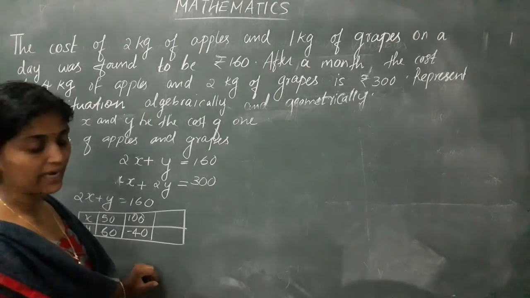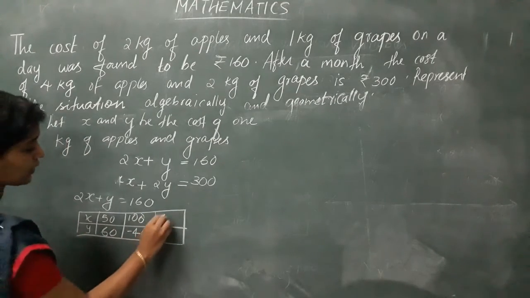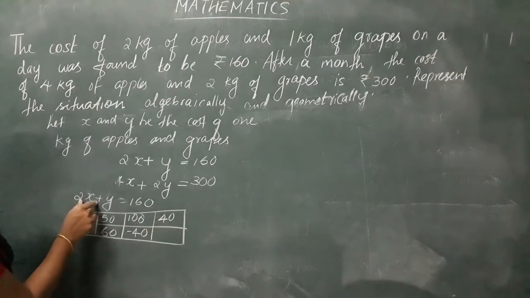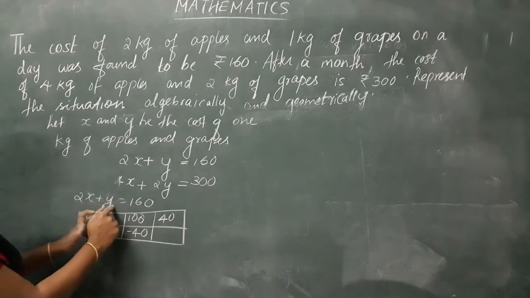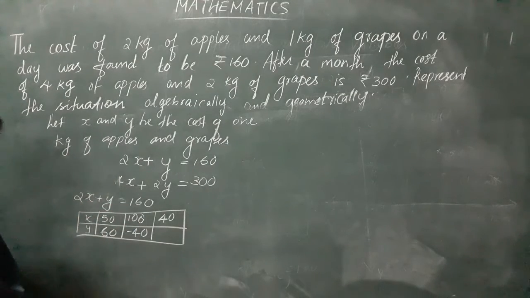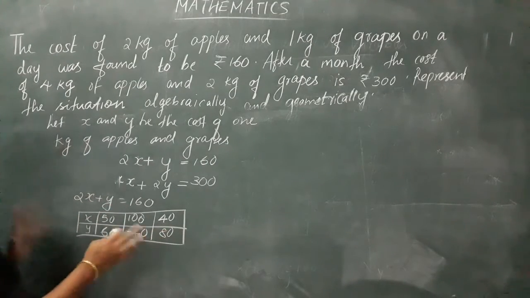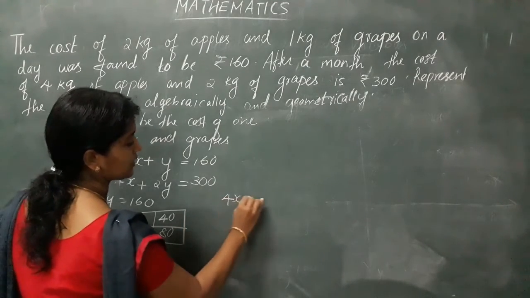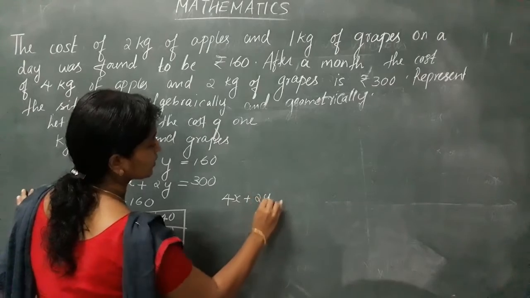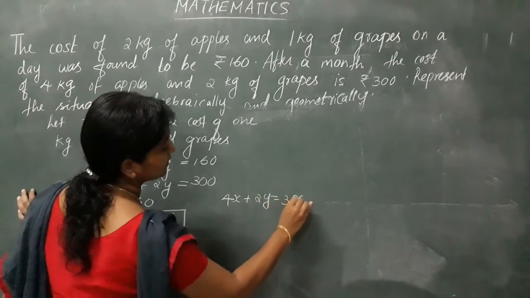Next I will give the x value as 40. Now 40 means 80, then 160 minus 80, I will get 80. So we found three solutions.